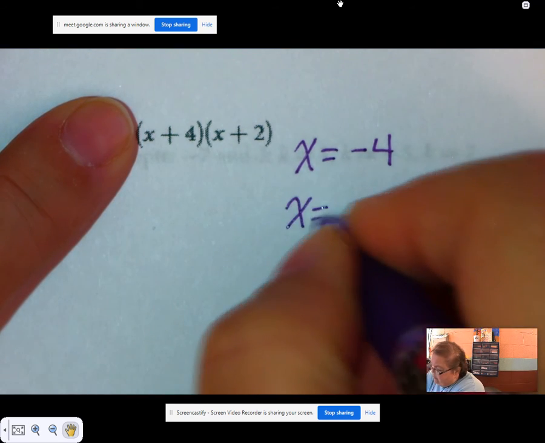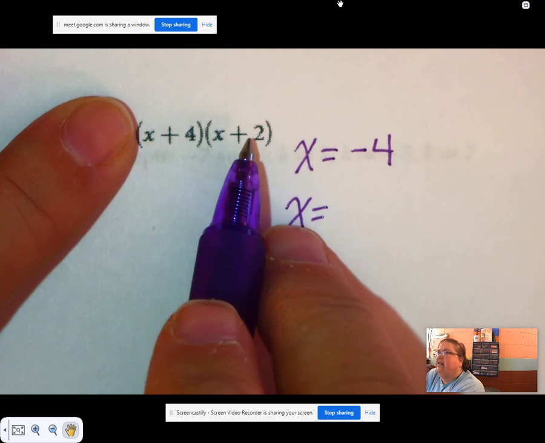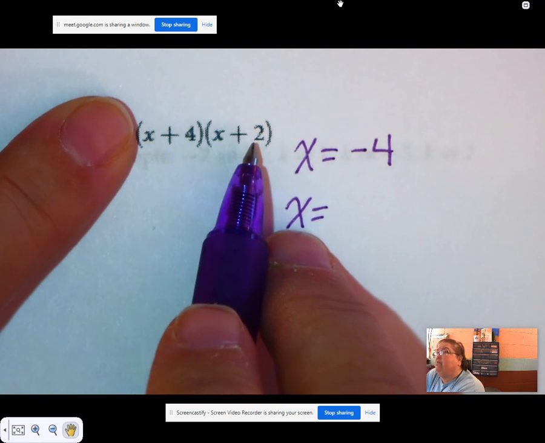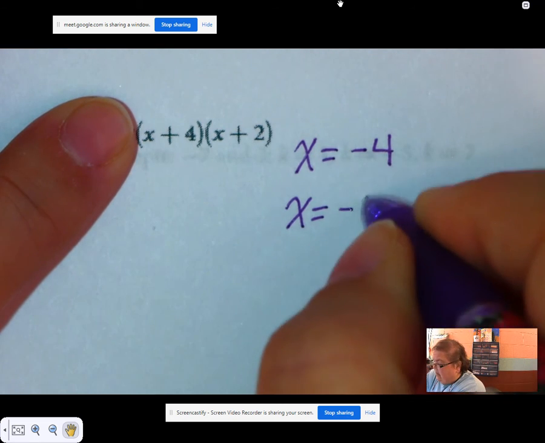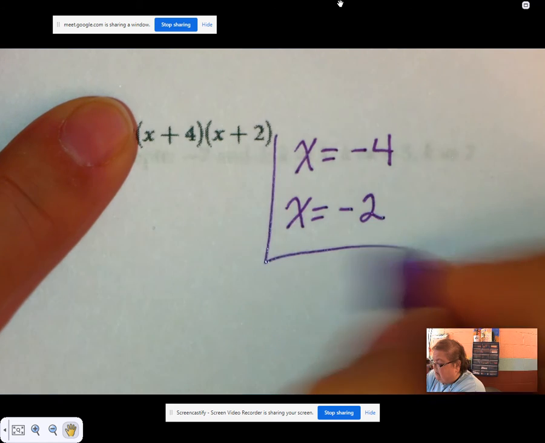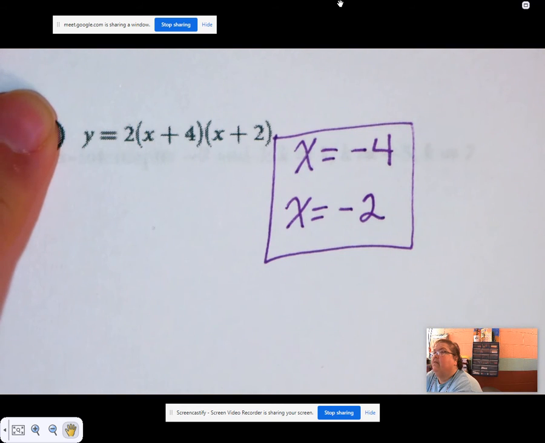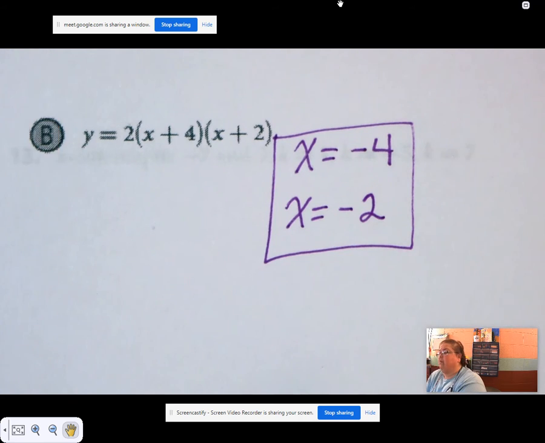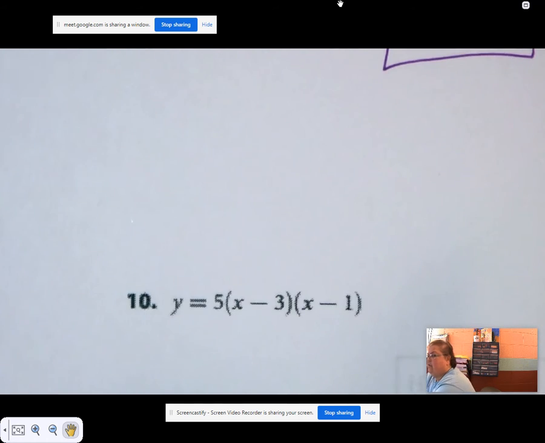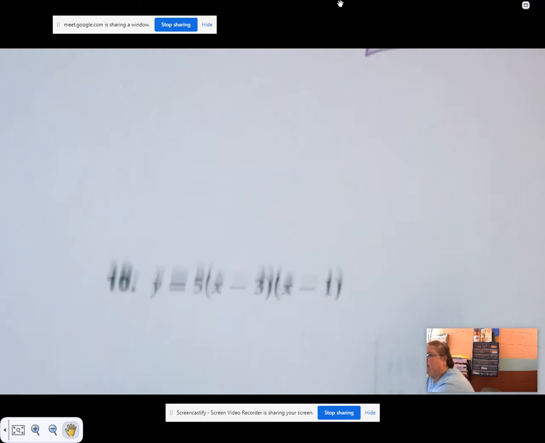And for the second one, what would I need to have to make positive 2 0? Negative 2. And that's the answer. Those are my intercepts, or my zeros. Questions? Any questions? All right, get the answer to number 10 for me, please.